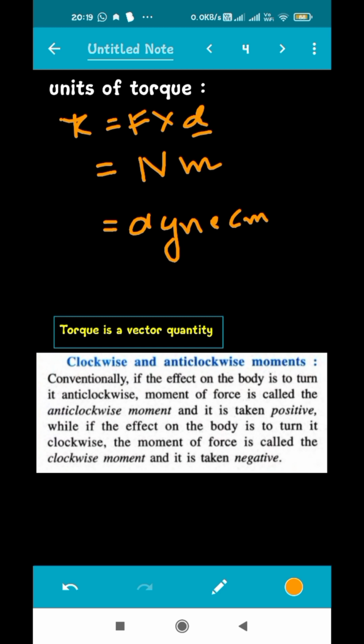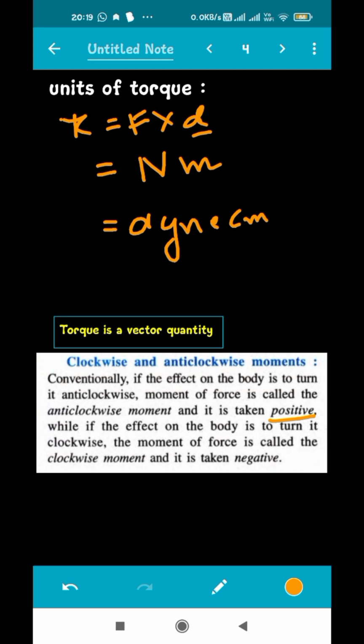Hope it is clear. Now, what are anti-clockwise and clockwise moments? Let us understand about that in detail. So, if the moment of force is anti-clockwise, that means the object is moving in an anti-clockwise direction, like I just showed you. And whenever an anti-clockwise moment is occurring, we will say that it is positive in nature. Very important. We might think that anti-clockwise means negative, but no. Over here it is different.